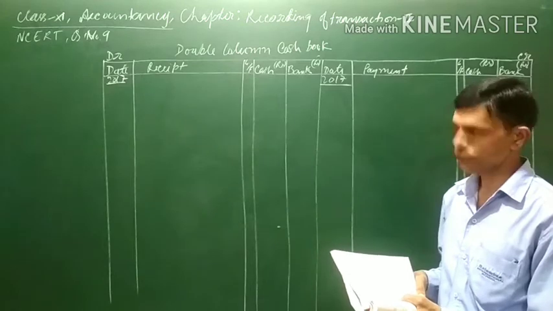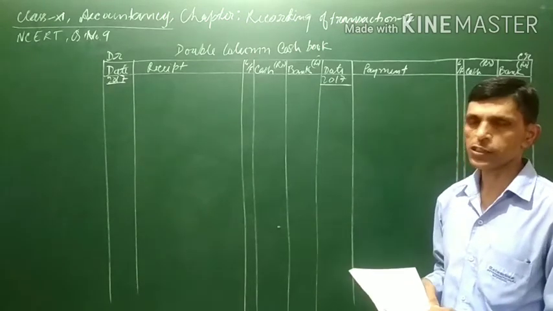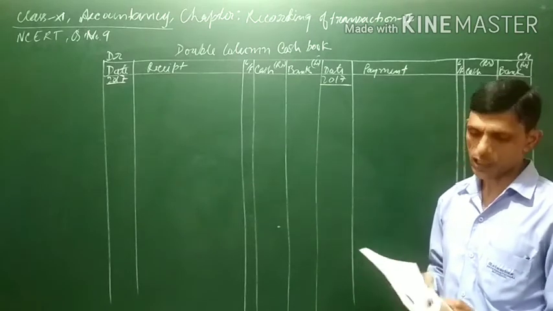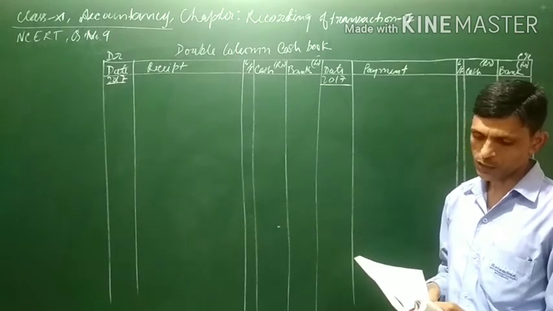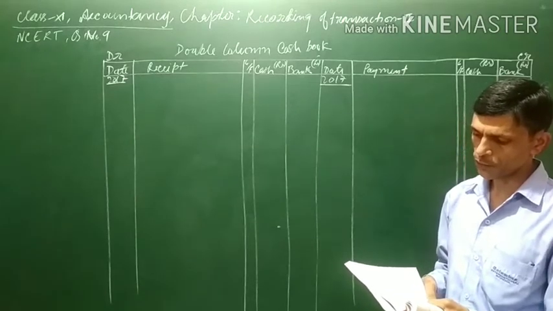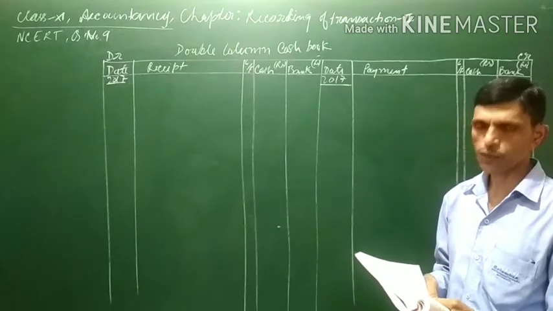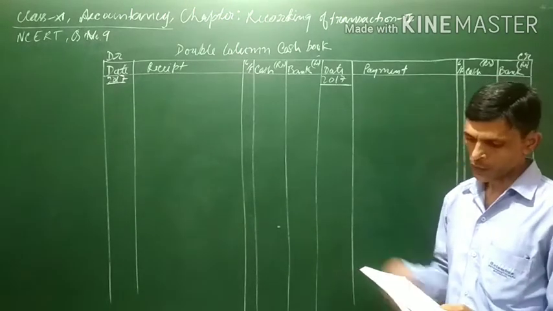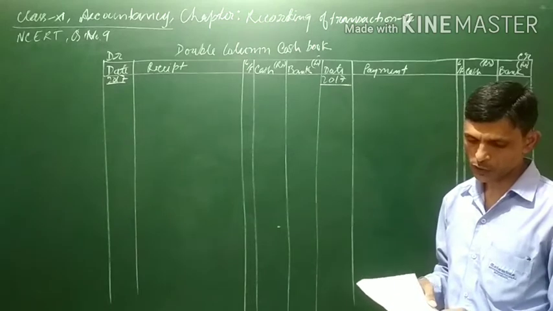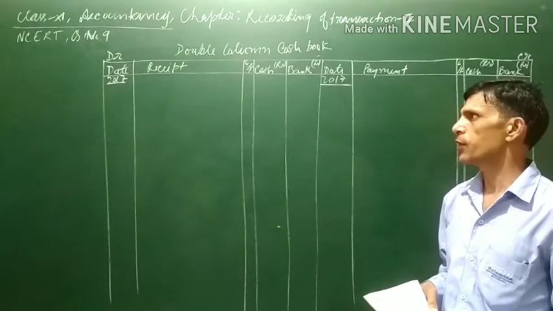So first of all, on 1st of August, the balance, that is the cash in hand and cash at bank, is given, that is the balance brought down. It means in the previous month, that is on 31st of July, the balance would have been 17,500 and 5,000 respectively for cash in hand and cash at bank. So on 1st of August, the balance brought down will be on the debit side, because cash in hand as well as cash at bank are assets, and assets are debit balances.